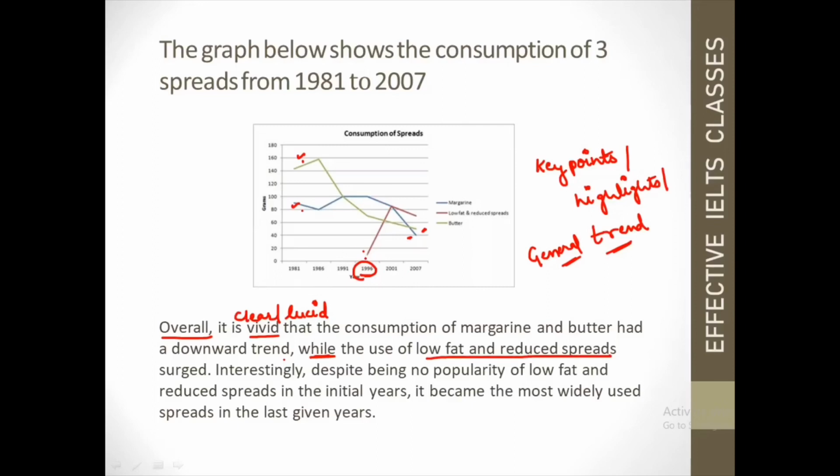Here we have shown the contrast that two things decreased and the remaining one increased. Then, interestingly, you can use the noticeable point is, the remarkable or striking point is that, in place of interestingly, I have used interestingly.